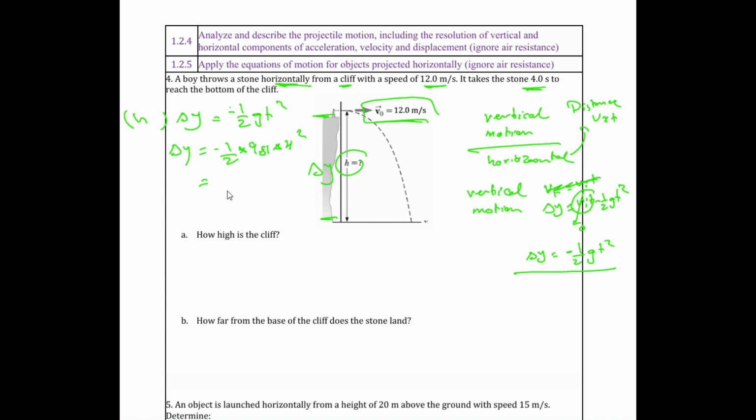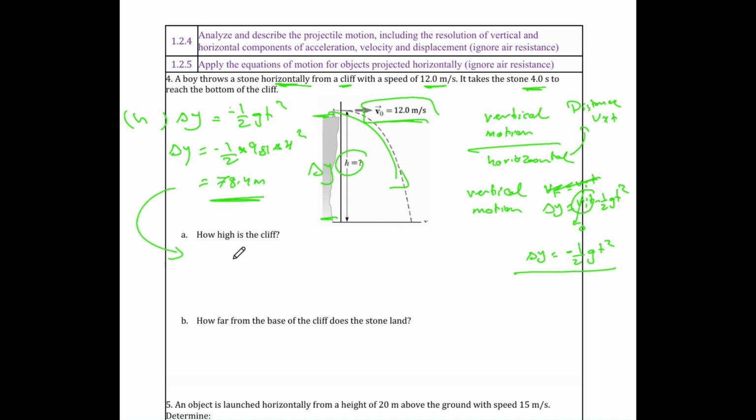Plugging it into the calculator, it will give you 78.4 meters. Again, you can ignore the negative sign because it just indicates that the object is moving in the negative y direction. So this is for A.